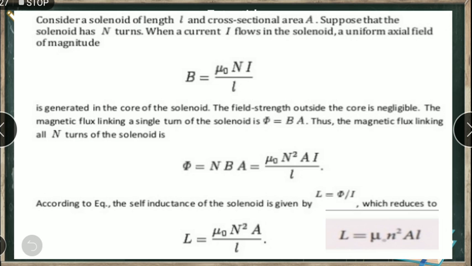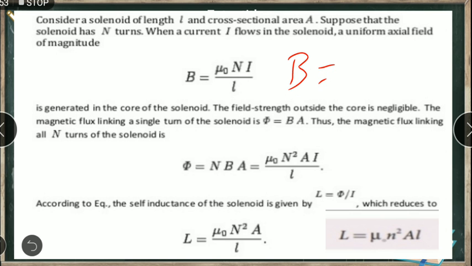When a current I flows in the solenoid, there is a uniform axial field of magnitude. Actually there is one standard derivation for that, finding the magnetic field in a solenoid, which you have studied in the topic moving charges and magnetism.